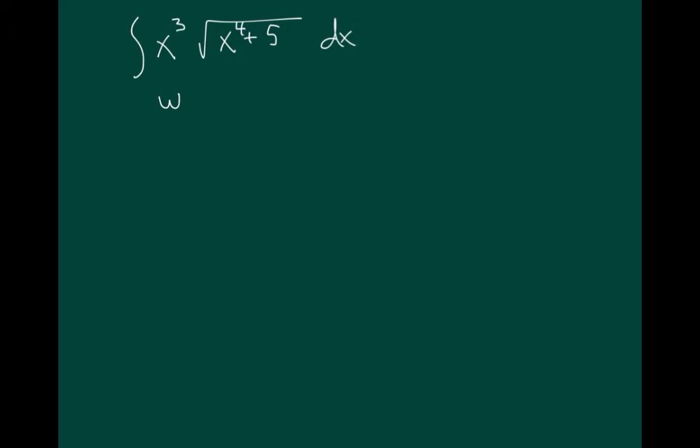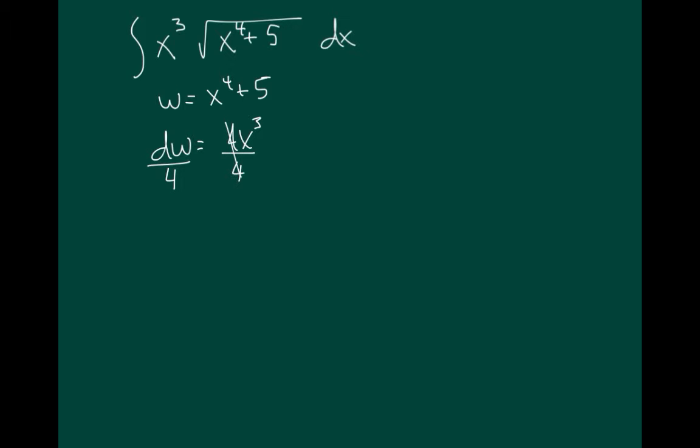So my w is going to be the inside function, x to the 4th plus 5, and then my derivative dw is going to equal 4x cubed. Since there is no 4, I will divide both sides by 4.